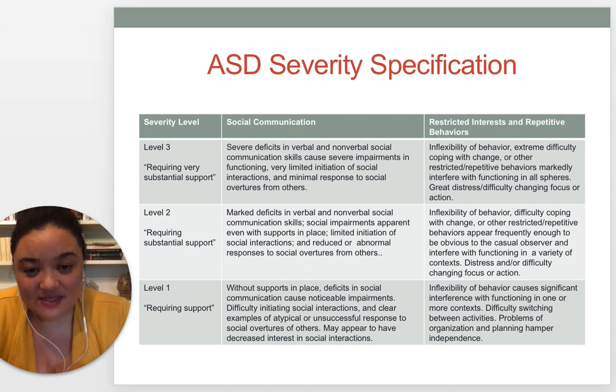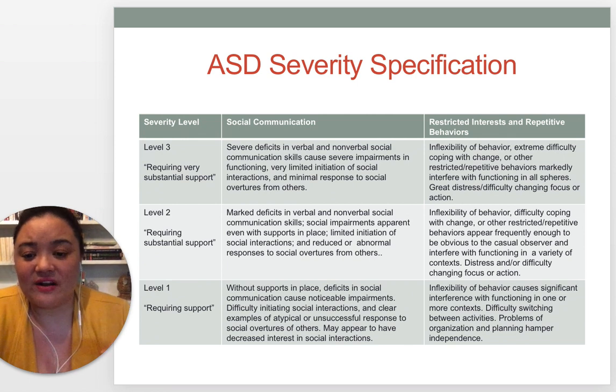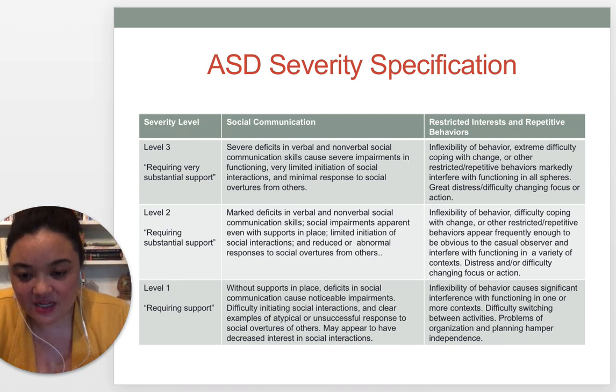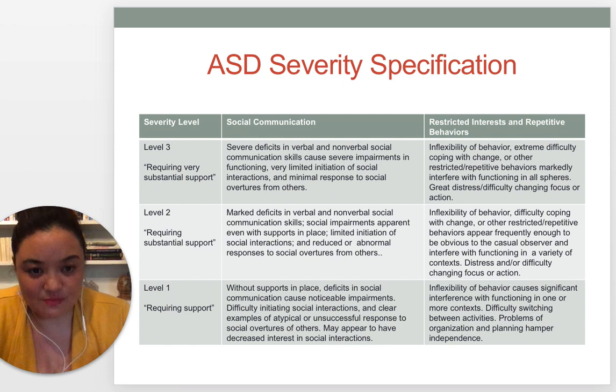They would specify a severity level for social communication as well as a severity level for restricted interests and repetitive behaviors. A level 3 means that they would require very substantial support. Level 2 means they require substantial support. And level 1 is requiring some supports.